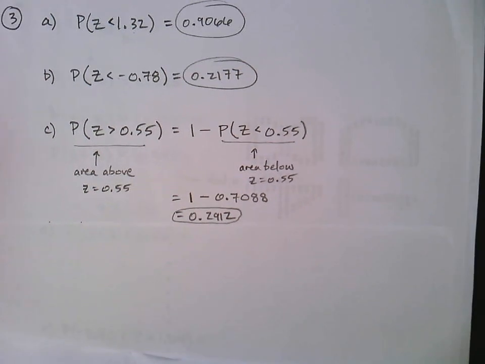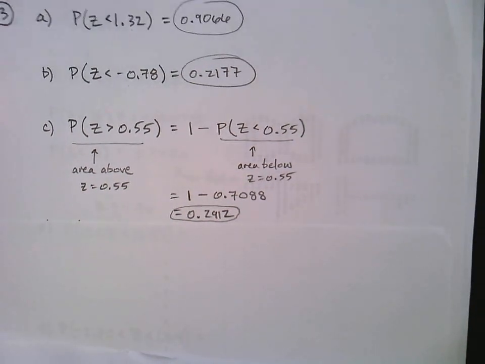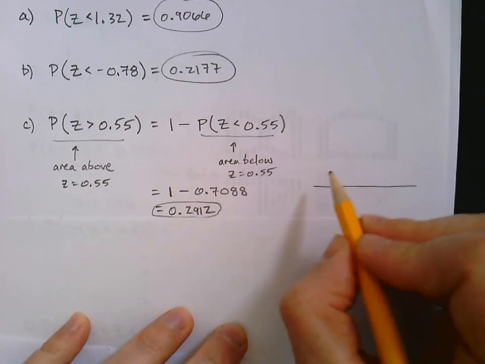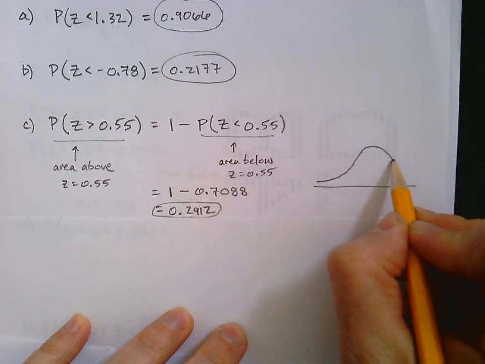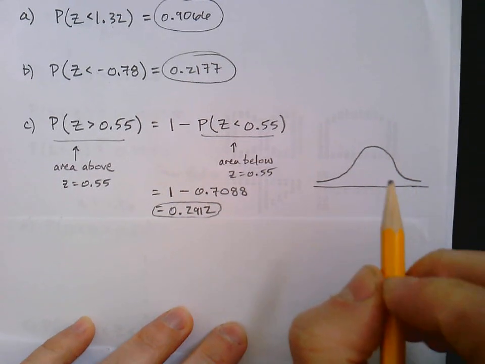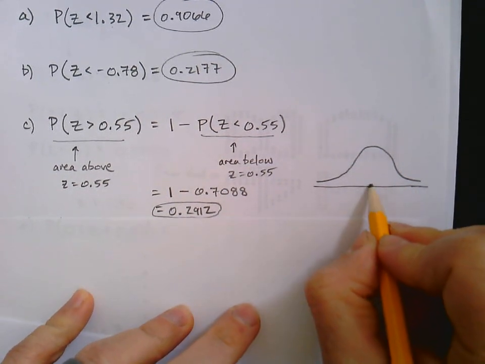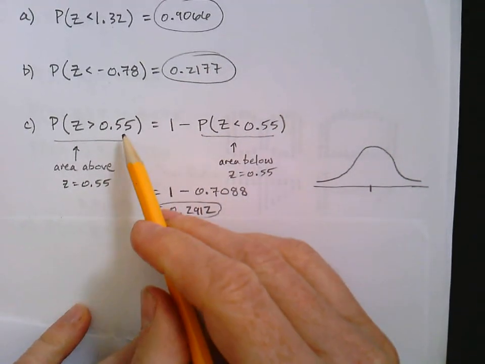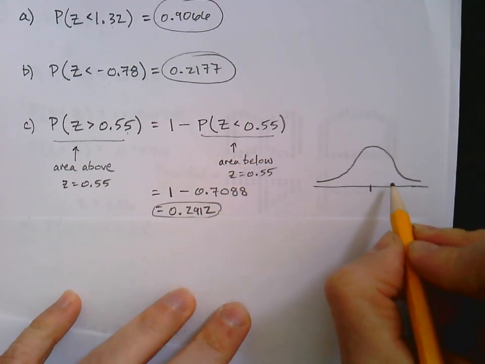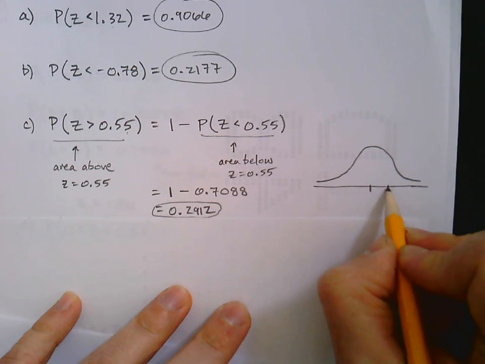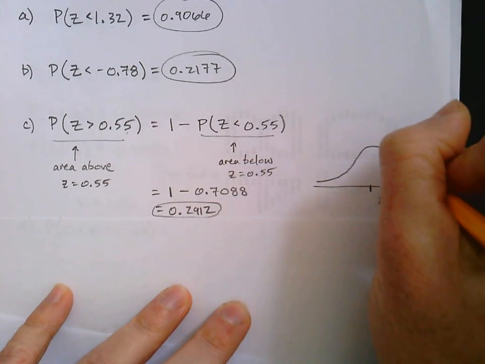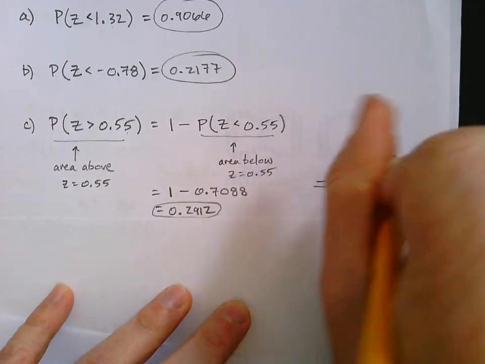So what did they do? Just to give you a visual for my verbal explanation a moment ago, we draw that normal distribution. It's kind of that sort of shape. We don't know what the mean is here. All we know is they're asking about a 0.55. So maybe z equals 0.55 is something like right there, and maybe I'll even draw that line to make it easier.